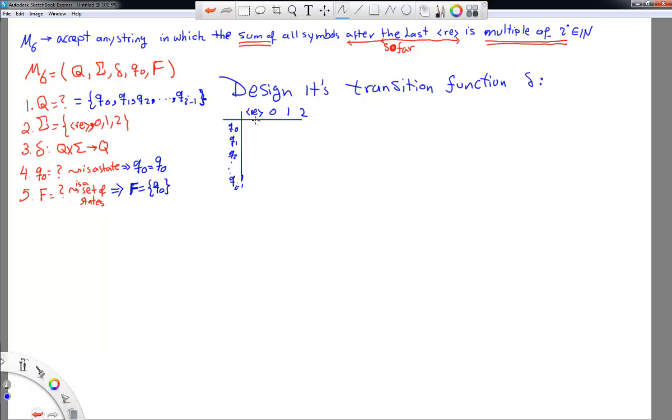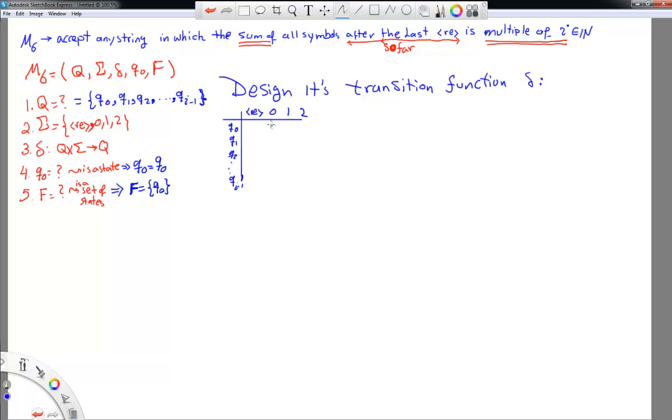So Q sub 1 will be representing the state in which the sum of my elements so far has been 1 modulo I. Basically, the remainder of the division of the sum by I is 1.